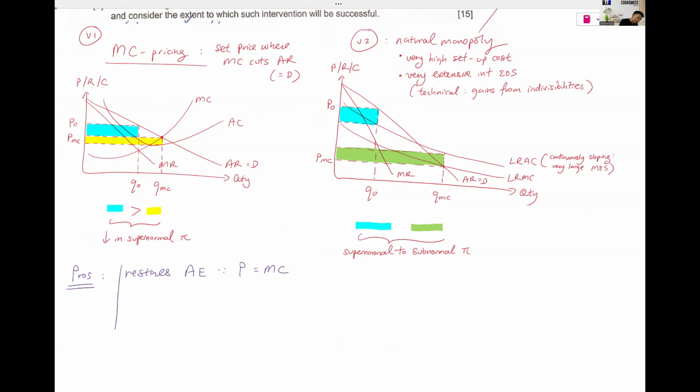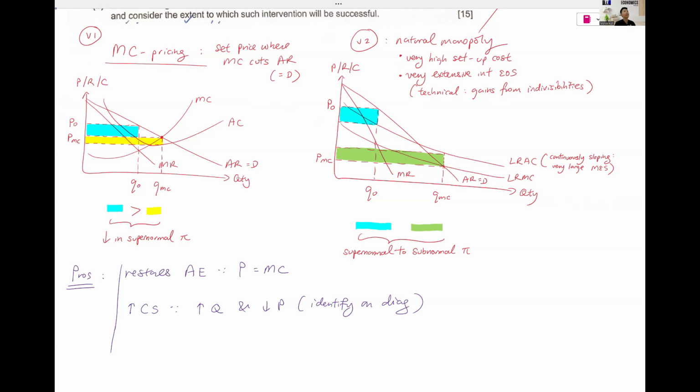At the same time, you can identify on the diagram. Is anyone not sure how to check consumer surplus? Just tell me, okay? I'll illustrate how to find the change in consumer surplus.